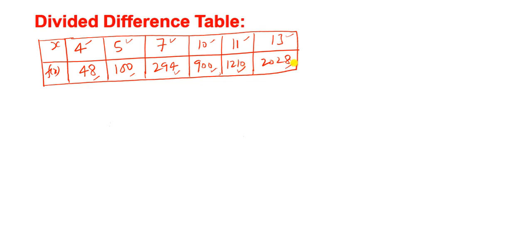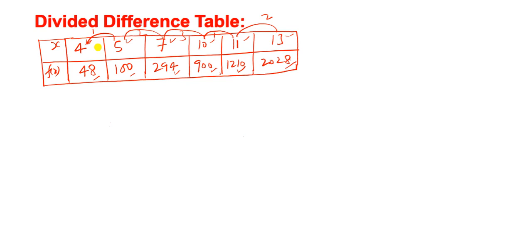Here the interval difference between two successive arguments: 5 minus 4 is 1, 7 minus 5 is 2, 10 minus 7 is 3, 11 minus 10 is 1, 13 minus 11 is 2. So the interval differences between successive arguments are not equal. In that case this data belongs to unequal intervals, so we construct the divided difference table.